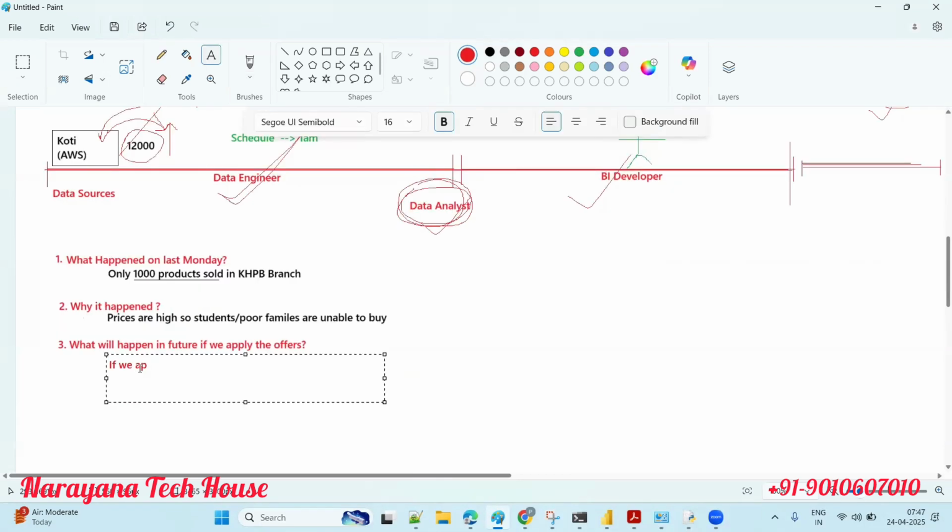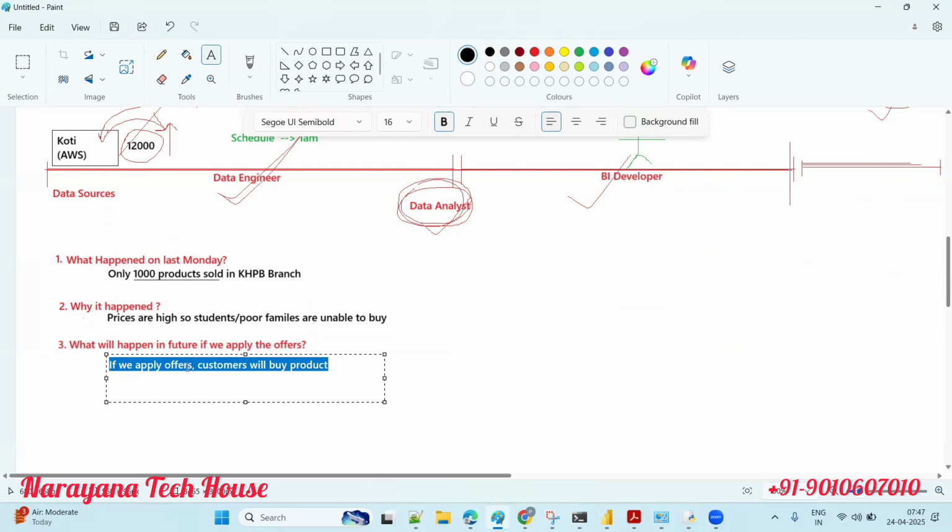If we apply offers, right? Customers will buy products, something like that. They're giving us some solution, guys. See, this is the expectation. It has not happened. It's an expectation based on our previous and past data and based on that area, that customer's behavior.